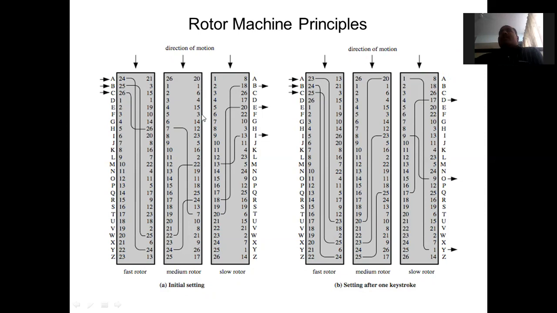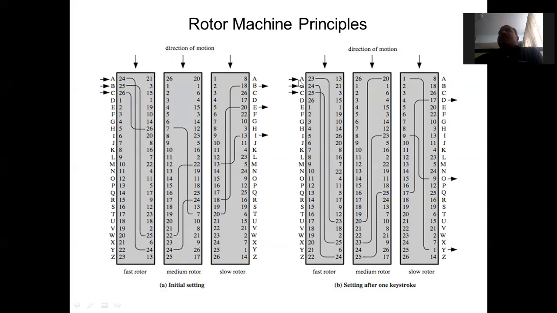This is the logic behind the rotor machine principle. This logic is very easy. Now this is the initial setting. The setting after one stroke means that after supplying the electricity, it is going to take a number of rounds, and after those rounds we are just going to check that.